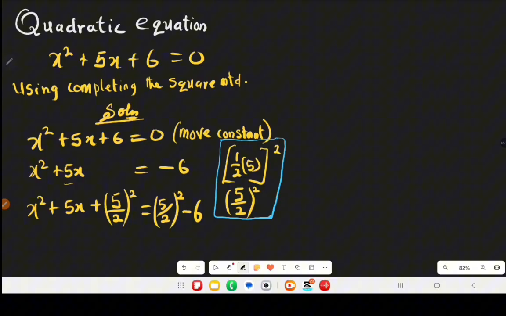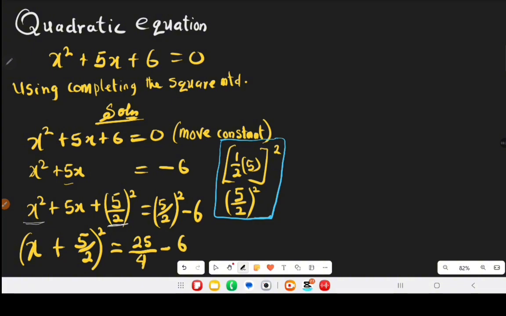Now we look at this expression. We discover that we have x squared here and we have 5 over 2 all squared. Then we pick 1x, and plus 5 over 2 all squared, equal to 5 squared, which gives us 25, all over 2 squared, which gives us 4, minus 6.